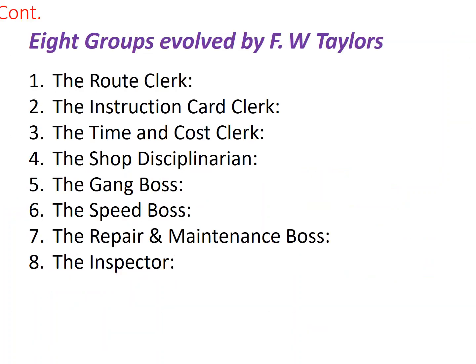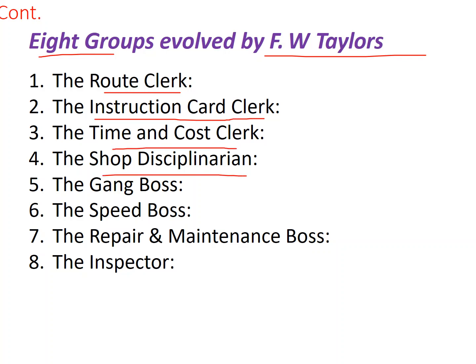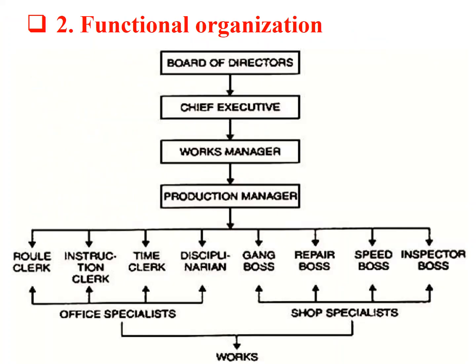F.W. Taylor has given eight groups: the route clerk, the instruction card clerk, time and cost clerk, shop disciplinarian, gang boss, speed boss, repair and maintenance boss, and the inspector. These are shown in this structure: the board of directors, chief executive, works manager, production manager.